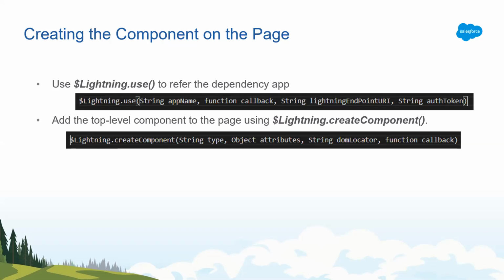Lightning Out is not used for passing parameters from a Visualforce page to a Lightning component, though you can do it if you want to, but mostly Lightning Out is used to load an existing component on your Visualforce page. Okay, correct. Thank you.